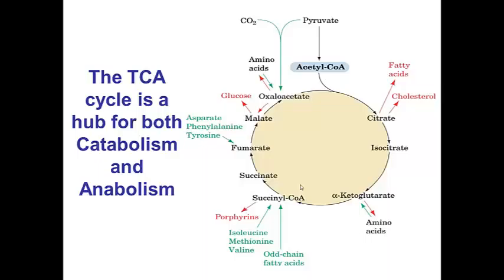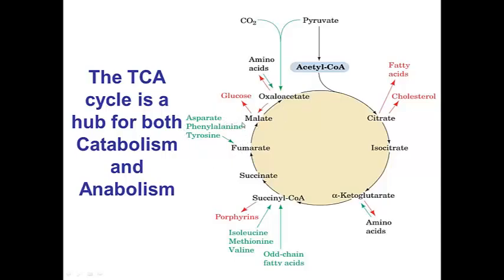So as I mentioned, it's important that these enzymes are highly regulated because multiple pathways actually integrate through the TCA cycle. So for example, oxaloacetate, we've already talked about that this pathway can be used for gluconeogenesis. In addition, other pathways can feed in to make oxaloacetate, so lots of different amino acids are broken down into oxaloacetate.